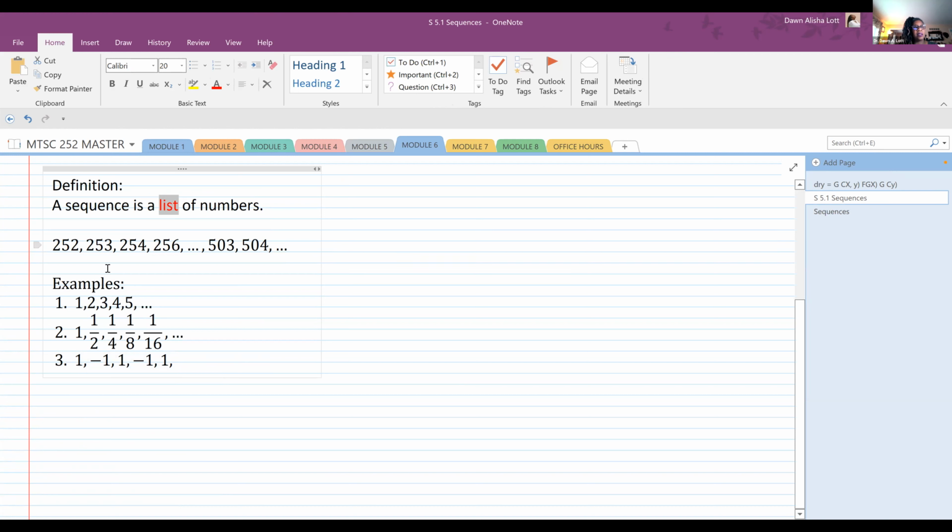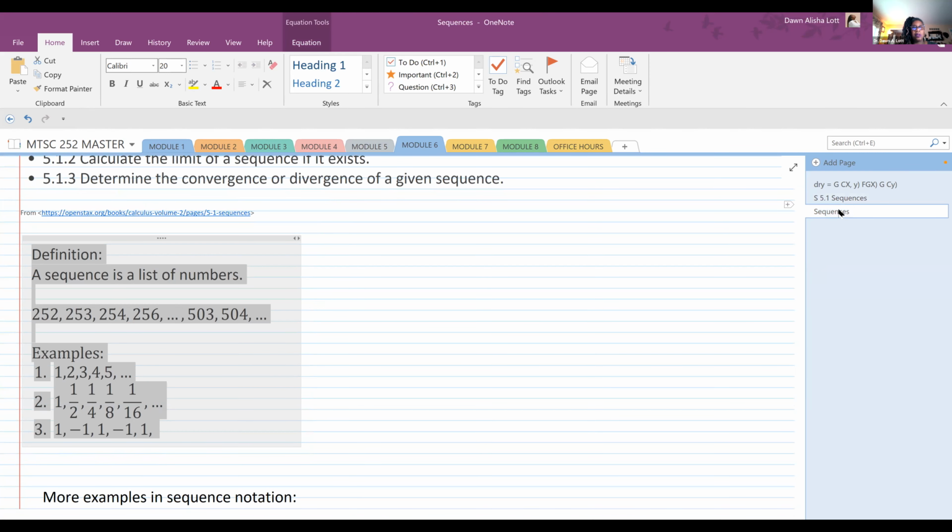They are a list like 252, 253, 254, 256, 503, 504. That is a list of numbers. That is a sequence. So some examples: 1, 2, 3, 4, 5, dot, dot, dot, of course, means it keeps continuing. 1, 1/2, 1/4, 1/8, 1/16, and it keeps continuing. And 1, -1, 1, -1, 1, etc. So those are examples of sequences.